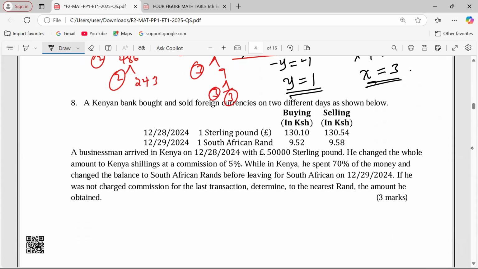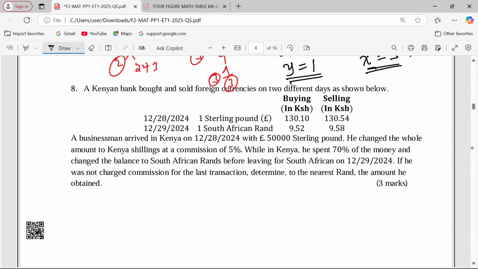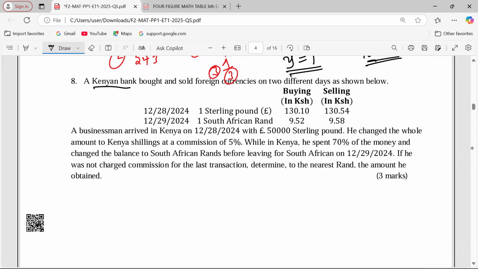All right. When a foreigner is coming to Kenya, we cannot trade using the sterling pound. So he has to convert the amount to Kenyan shillings. Now, this is a Kenyan bank. We did another interesting question, which was talking about a bank in China. So the Kenyan bank is buying and selling foreign currencies.